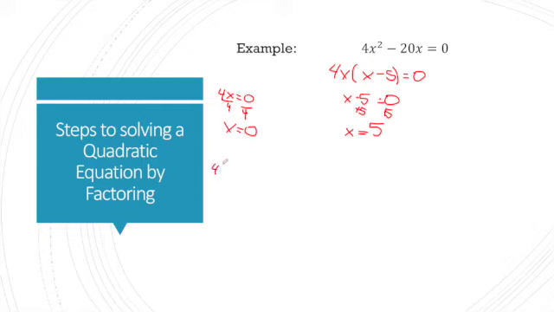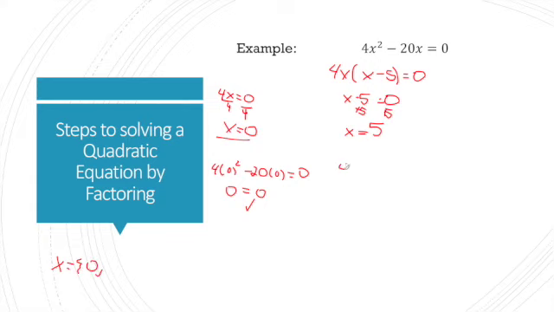4 times 0 squared minus 20 times 0 equals 0. 0 squared is 0 times 4 is 0. Negative 20 times 0 is going to give me 0. I have 0 equals 0. Awesome. This is part of my solution set. So I have x equals 0. Now I need to check positive 5.